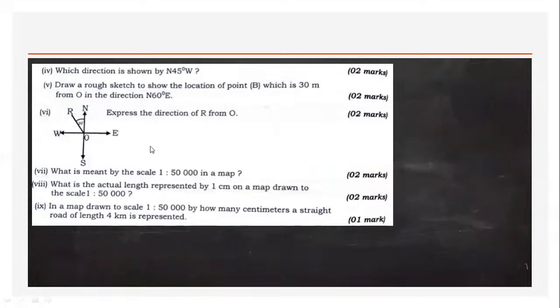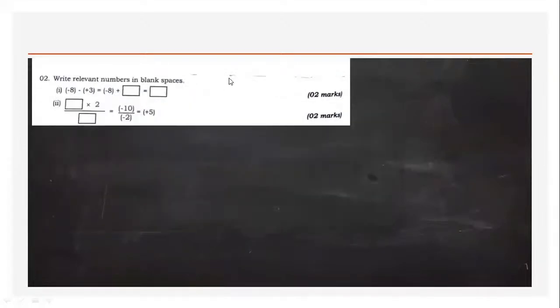Our next question is related to directed numbers. Right, here, minus 8 minus plus 3 equals minus 8 plus box here.